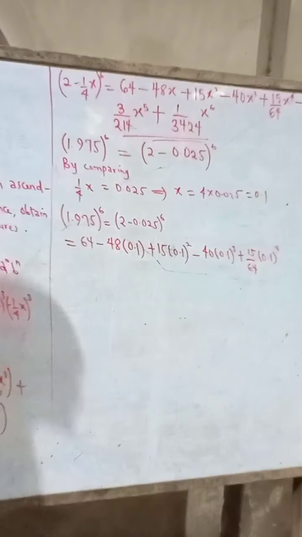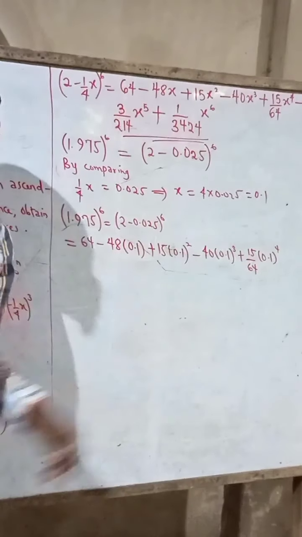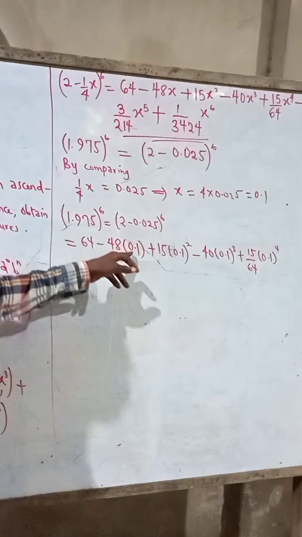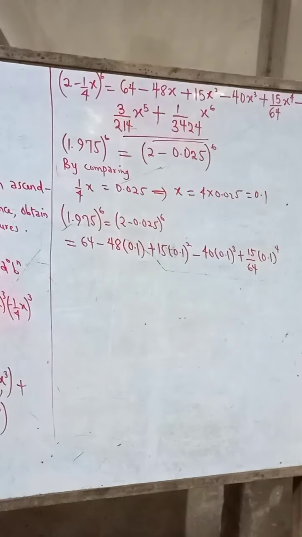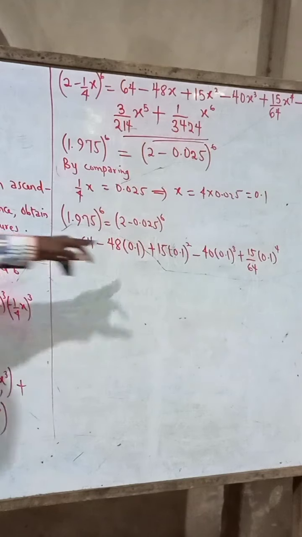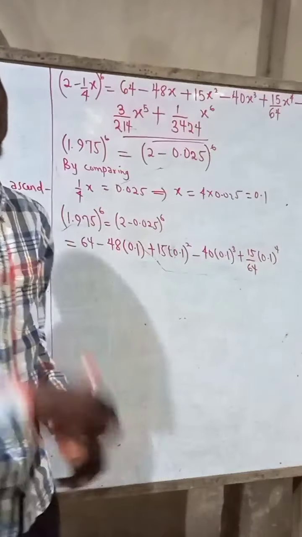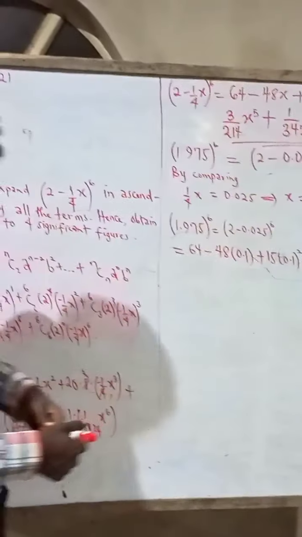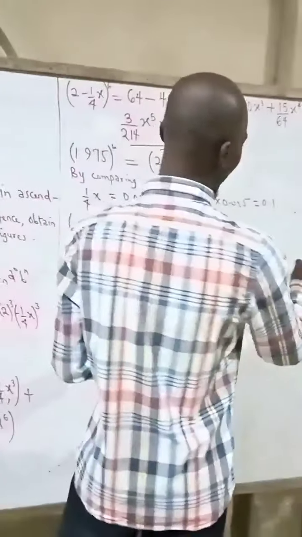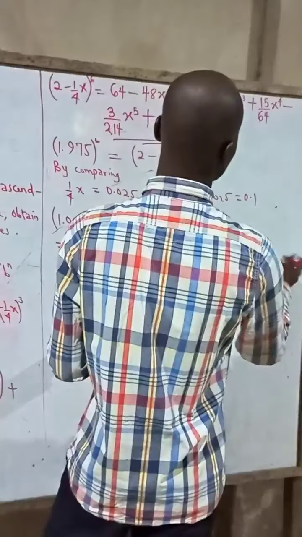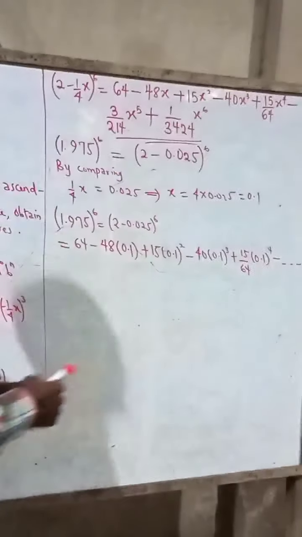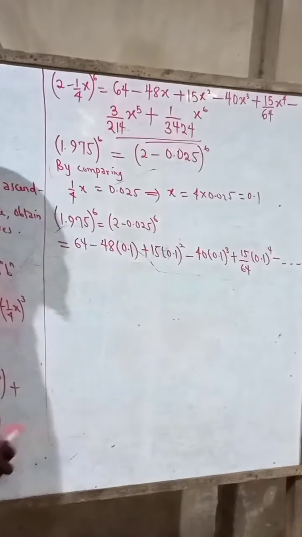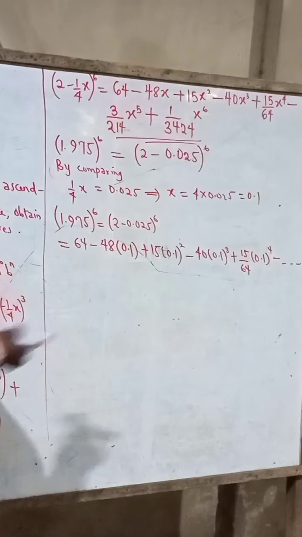Now, the figure 0.1 is a small number, and if we have a small number like this, the higher the power, the smaller it becomes. So after the fourth one, we can always neglect the remaining powers.